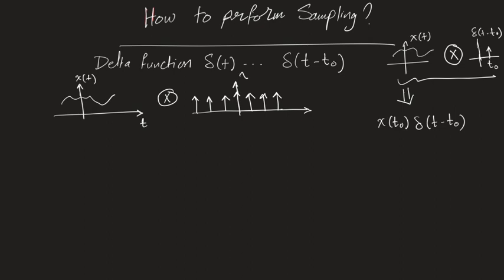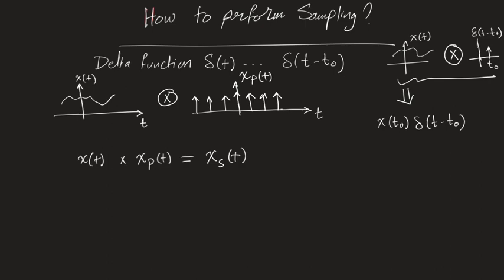We typically give it the expression xp of t, the function that we use to sample continuous time signals. This is a function of time. The result of multiplying x of t with xp of t is what we will call xs of t, the sampled version of the signal.